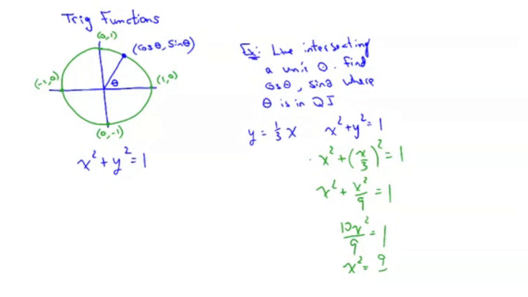And then taking the square root, x is equal to the square root of 9 over 10. You can't keep a fraction underneath the square root, so it's the square root of 9 over the square root of 10, and the square root of 9 is 3. How does it turn into 10x squared? Common denominator: if you have a 9 in the bottom here, you need a 9 in the bottom over here, and to do that it's 9 over 9. And 9 plus 1 is 10.